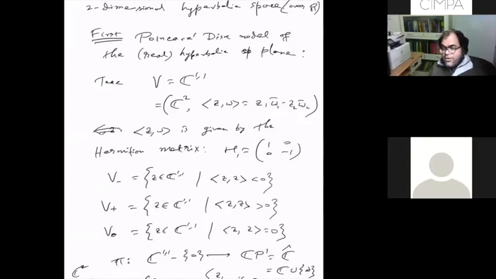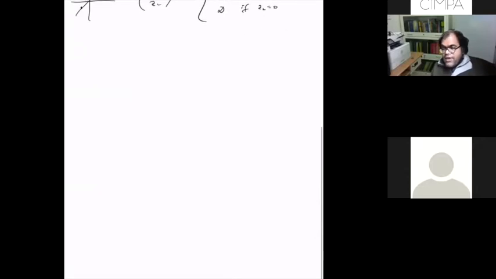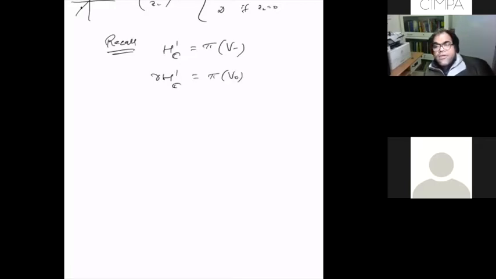Okay, so now after you have this map, the hyperbolic space, so recall, I denote it by H^1_C. This is pi of V minus, and del H^1_C was pi of V naught.